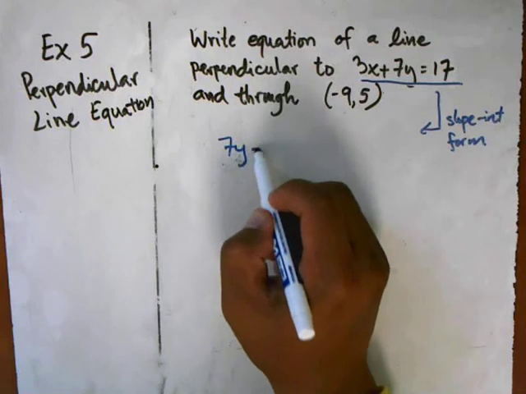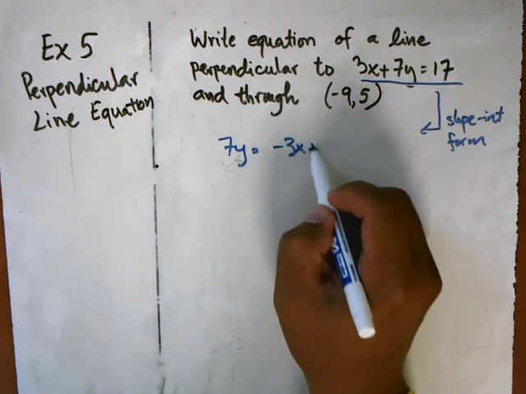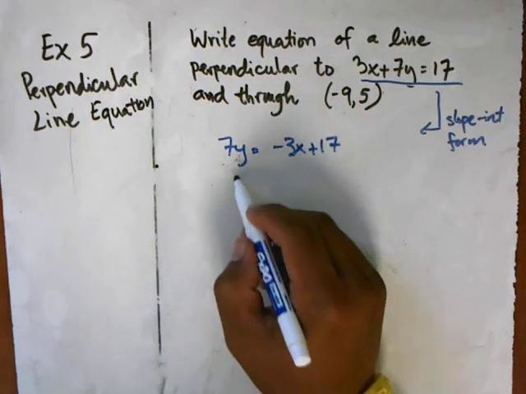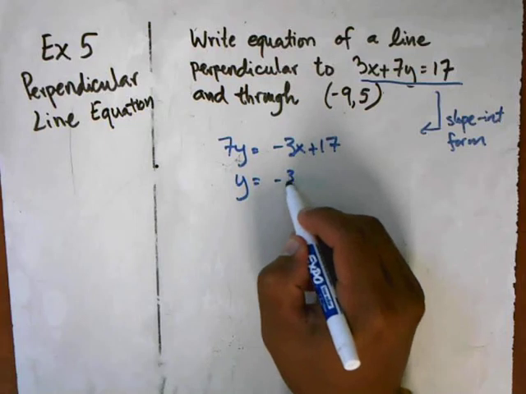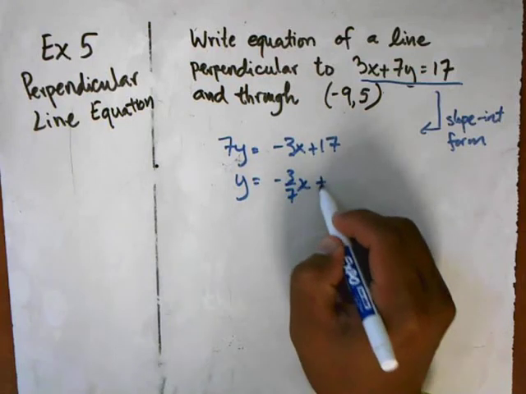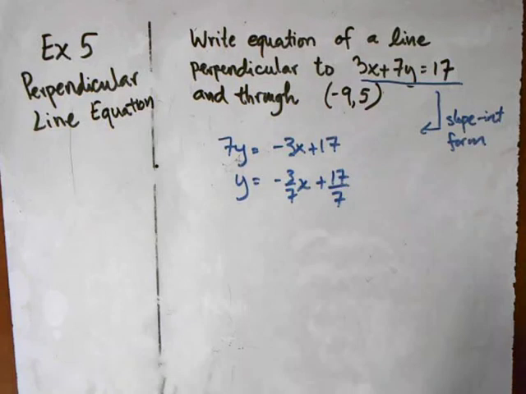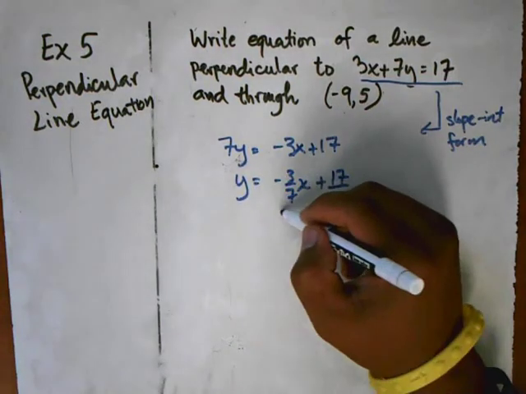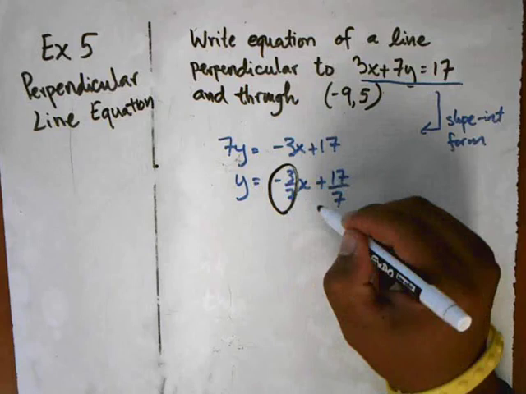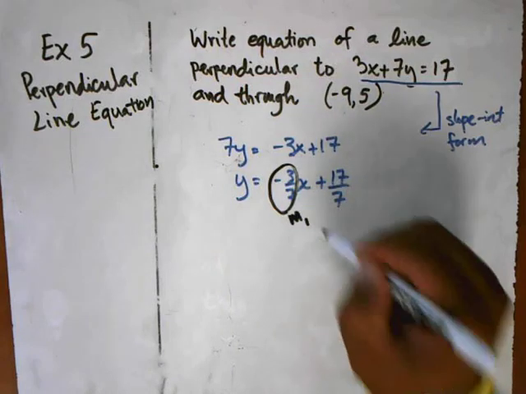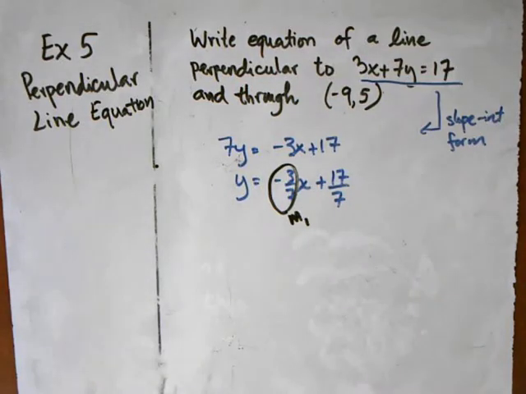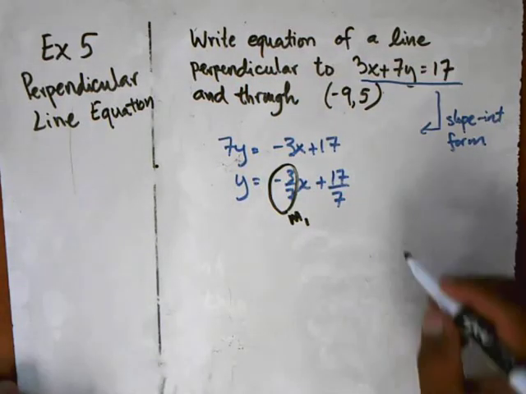So we get 7y equals negative 3x plus 17. And then divide everything by 7, so you get negative 3/7 x plus 17/7. Okay, so that's the equation. And from this, we know that this right here is the slope, and we can call this m1. Okay? But the line that we're looking for is really m2.